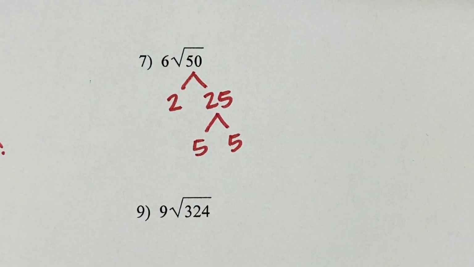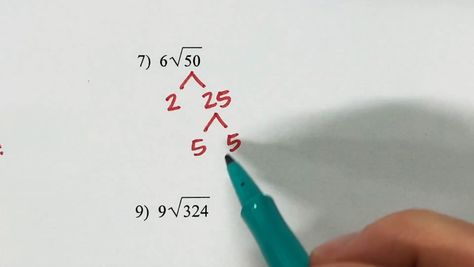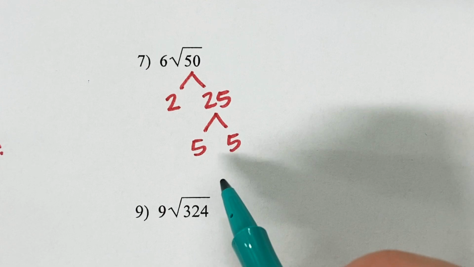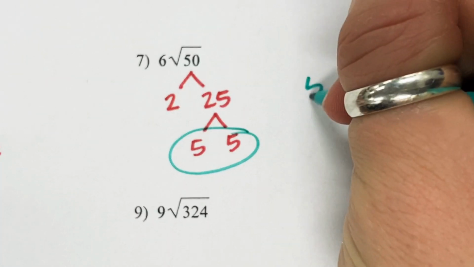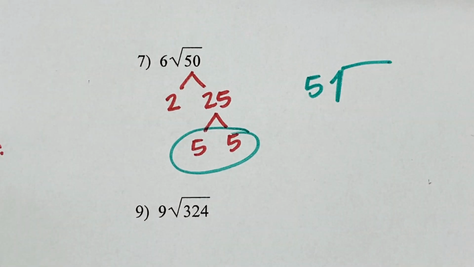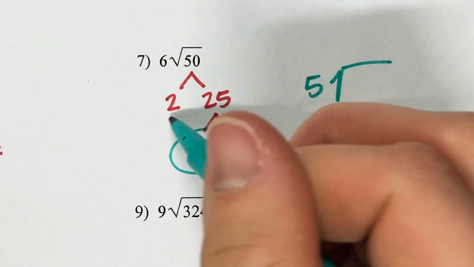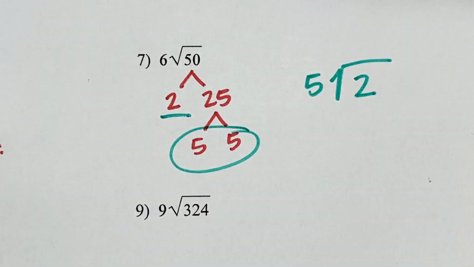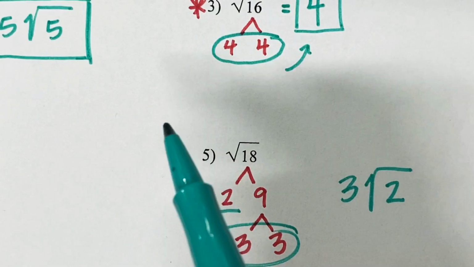We're going to treat this exactly the same way as if we're just ignoring this 6. So what number gets to couple up and leave my radical? The 5. So the 5 gets to leave my radical. What number has to stay in? The 2. Here's where we would have been done on these guys.